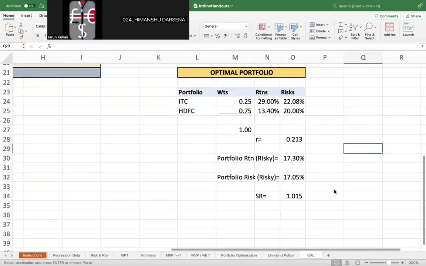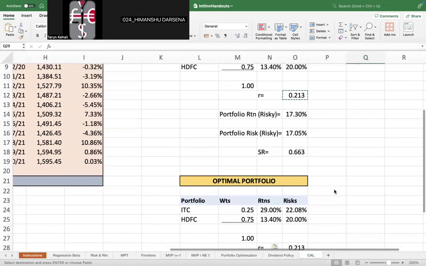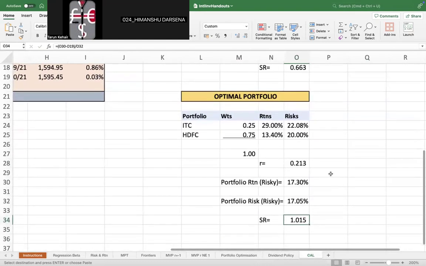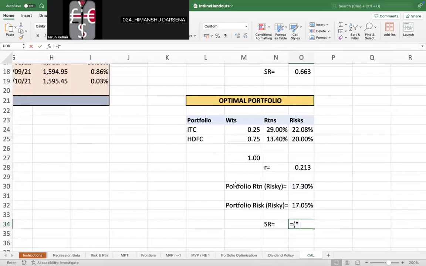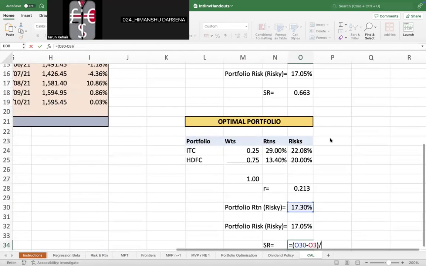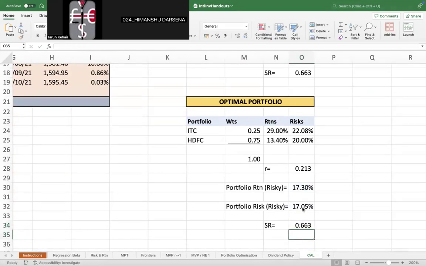Right? How did this change? Okay, this will change because I haven't frozen the cell. RP minus RF, RF has to be frozen, divided by sigma P. ठीक है ना? So now I will optimize the portfolio.